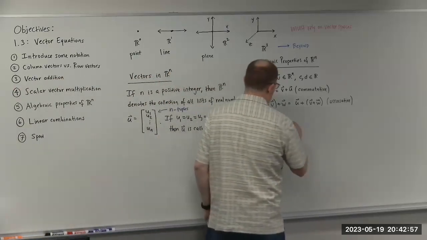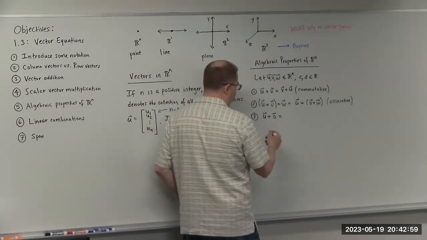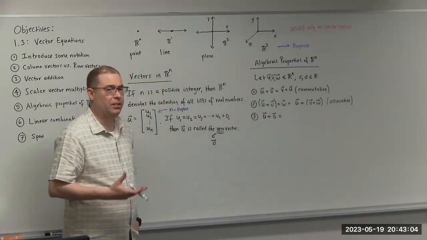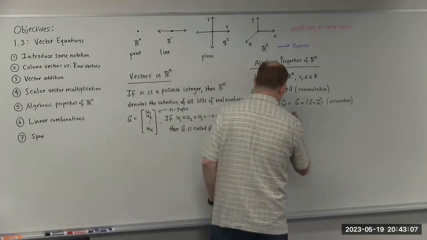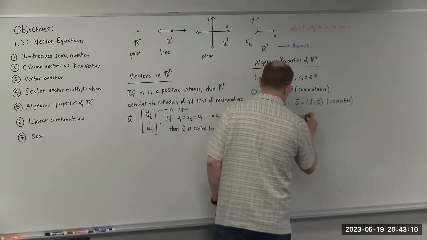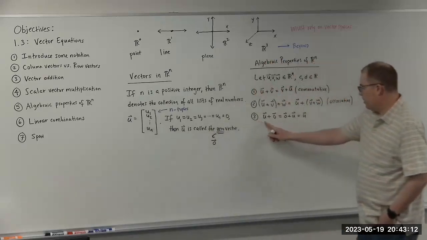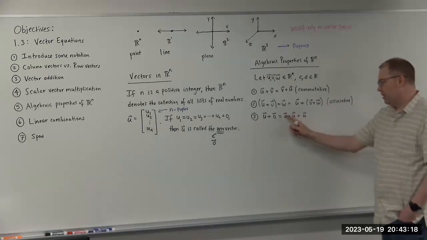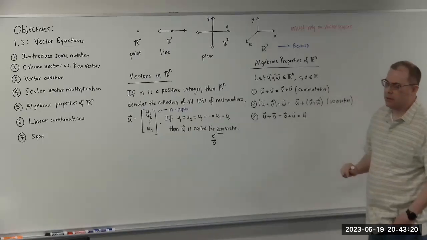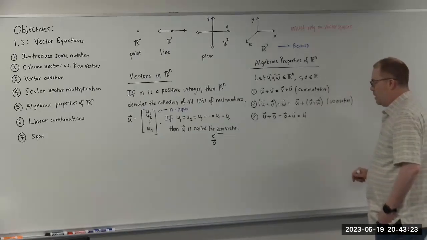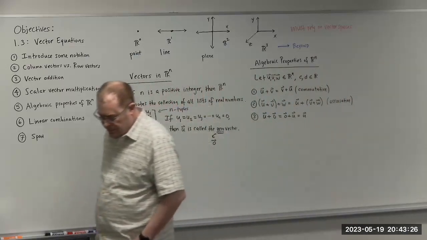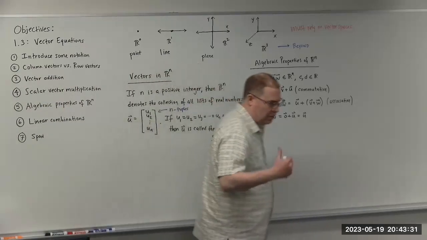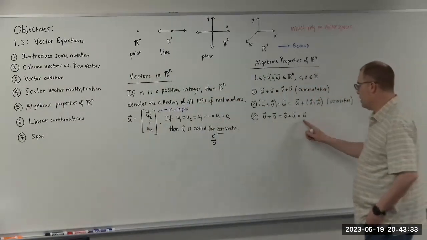And since we already know vector addition is commutative, u plus the zero vector equals the zero vector plus u, which gives us the vector u back. By the way, this is called the identity property.